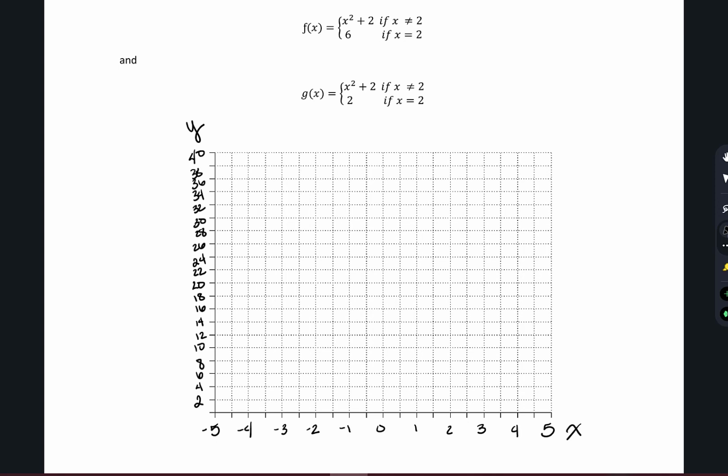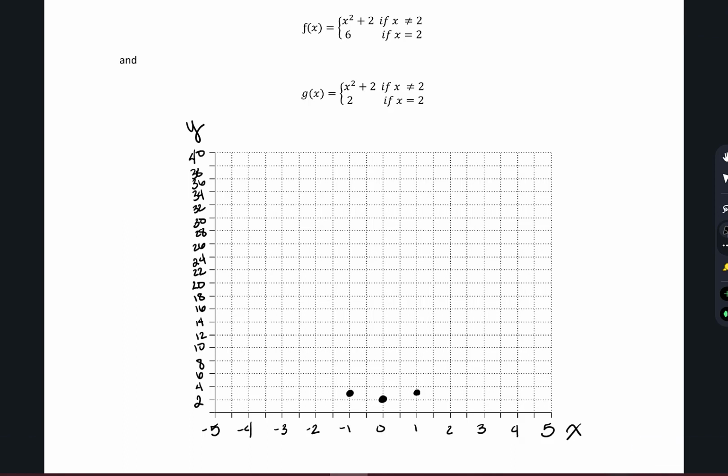So at 0, both functions are equal to 2. Now when we have 1, we're going to have 1 squared, which is 1, plus 2, which is 3. And for -1, if we square -1, we still get 1, so it is also going to be 3.